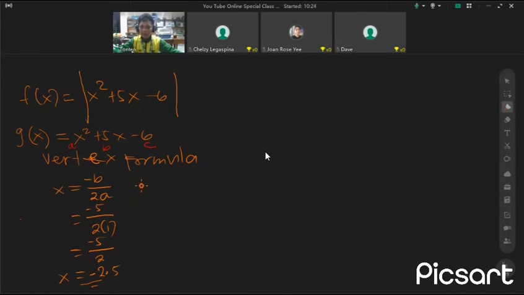So we have g of negative 2.5, that is equal to negative 2.5 squared, from the quadratic equation, plus 5 times negative 2.5 minus 6.